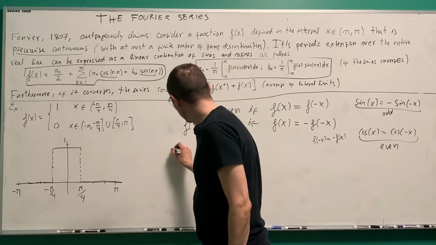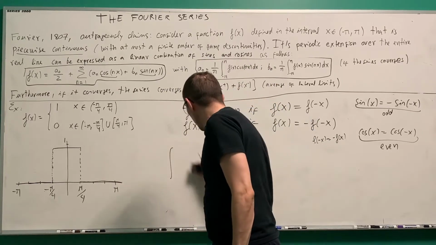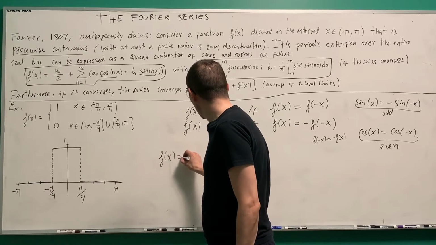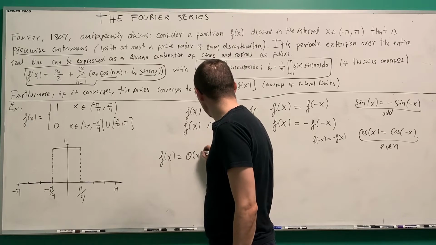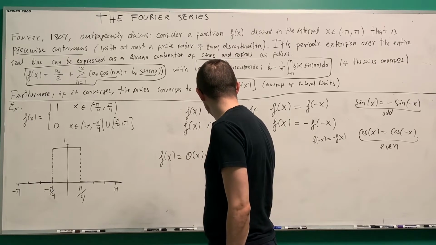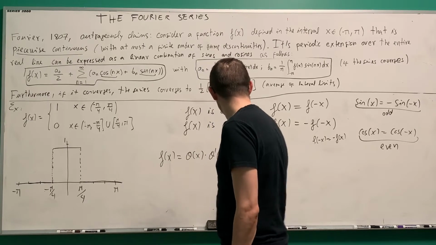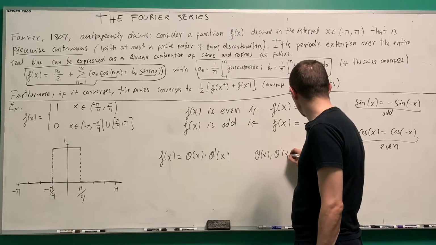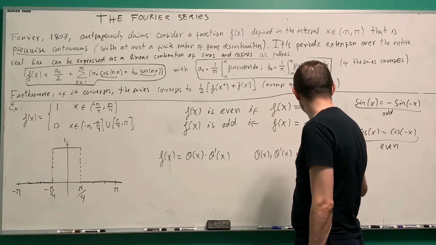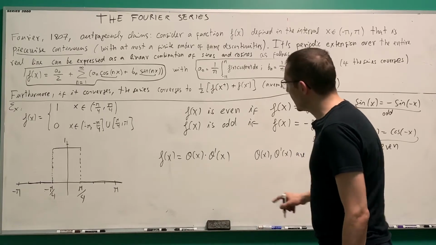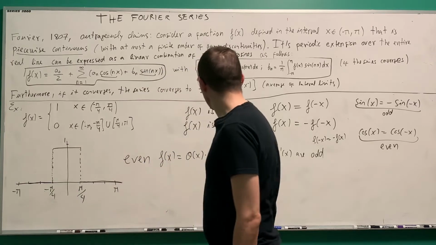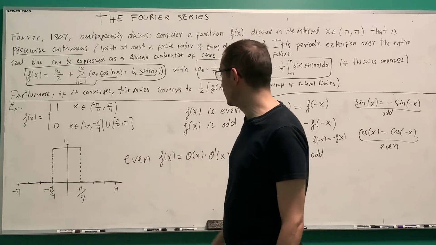If I have the function f of x equals an odd function times an odd function, where O of x and O prime of x are odd, then f of x is even. The product of two odd functions is even.